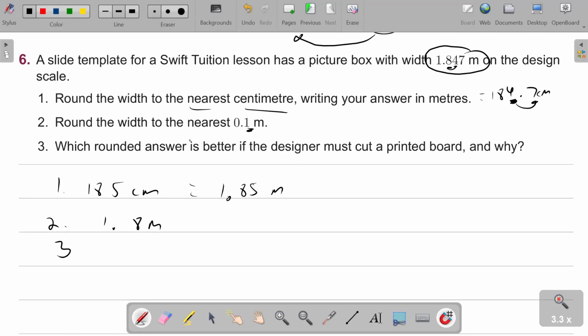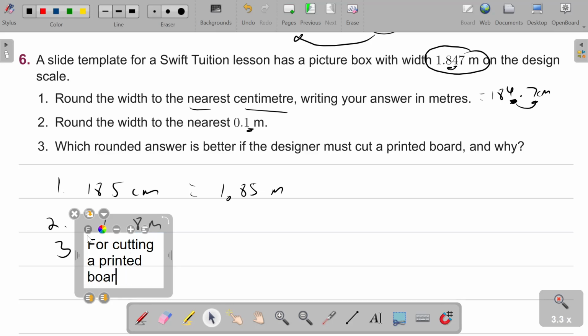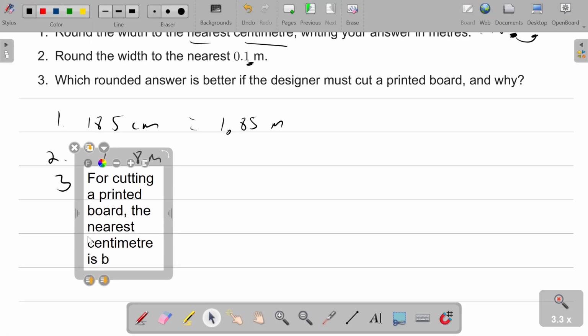So in this case, you would say, okay, let me just write that down so that we have a bit of an understanding. I would say, in this case, for cutting a printed board, the nearest centimeter is better because it loses less information, right?